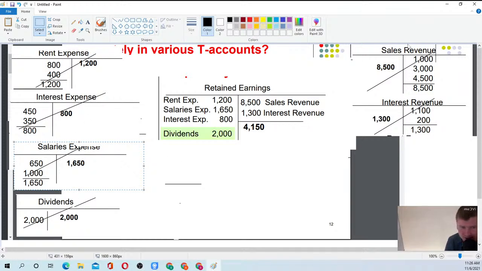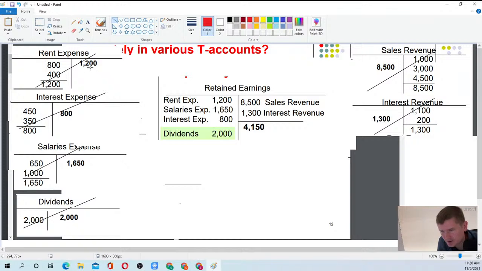So the purpose of T accounts was that you run a T account for every account where you have transactions. Then you calculate the total. Revenues, as you remember, right is credit, left is debit. Revenues increase on the credit side. Expenses increase on the debit side. And dividends are similar to expenses. At the end of the month, you close every account.